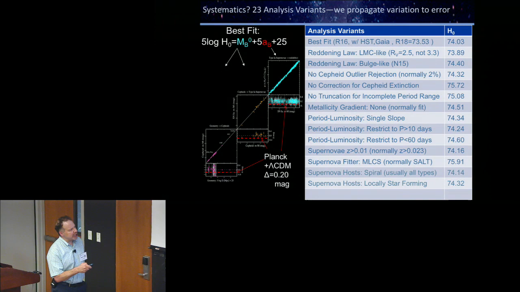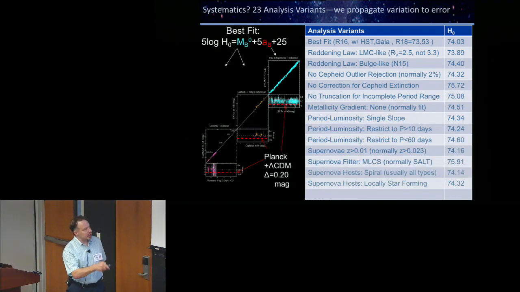Is there a gradient or any dependence of metallicity in the host galaxy with the results you get? Do we use 2 slopes or 1 slope? Where do we start the Hubble flow? Which light curve fitter do we use for supernovae? There's one I developed for my thesis, MLCS, one that's more recent, SALT. What kinds of galaxies will we allow in our analyses? And I could say more about that if people know what the issue is.